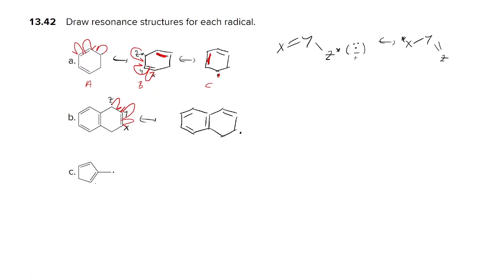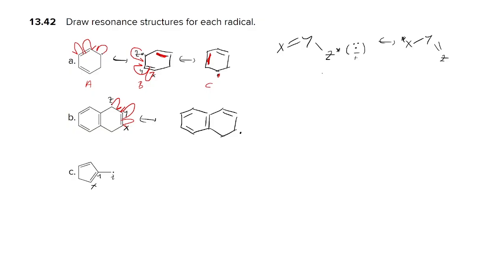Again, we have to label as X, Y, Z. As you know, X, Y is a pi bond, we have a double bond. Y, Z is a sigma bond, a single bond. Z has an unpaired electron.